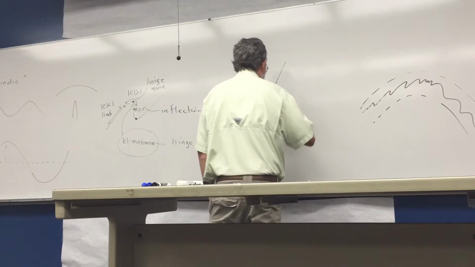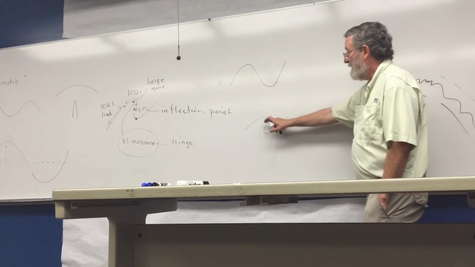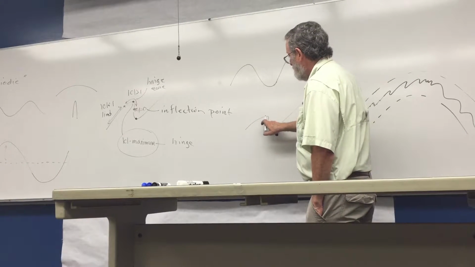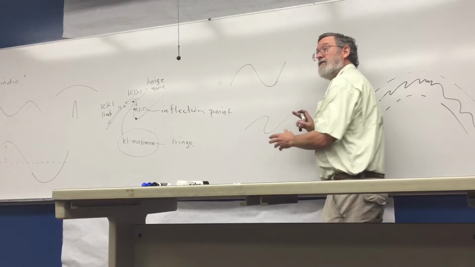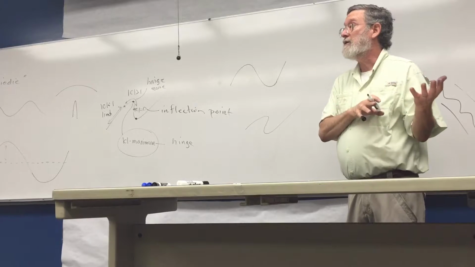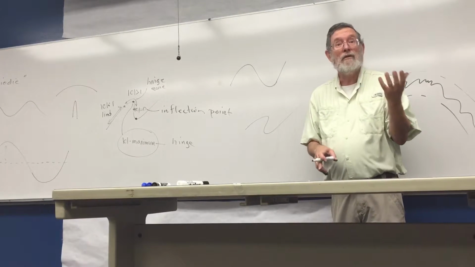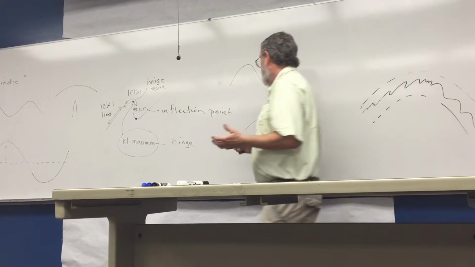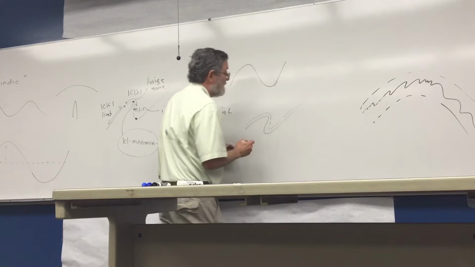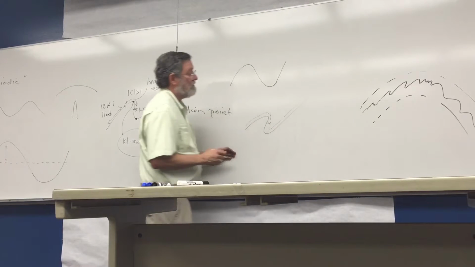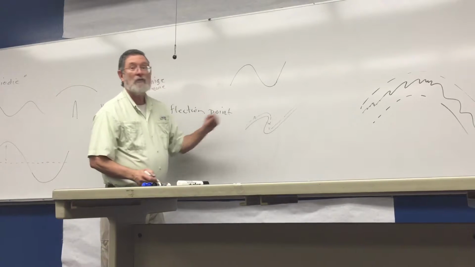We can have asymmetric folds that look like this. And in this particular case, what will happen is that a lot of times in asymmetric folds, one limb is longer than the other. In this case, this limb is overturned. So if we filled in a layer here, like this, our Younging direction, if this is an anticline, would be downward.